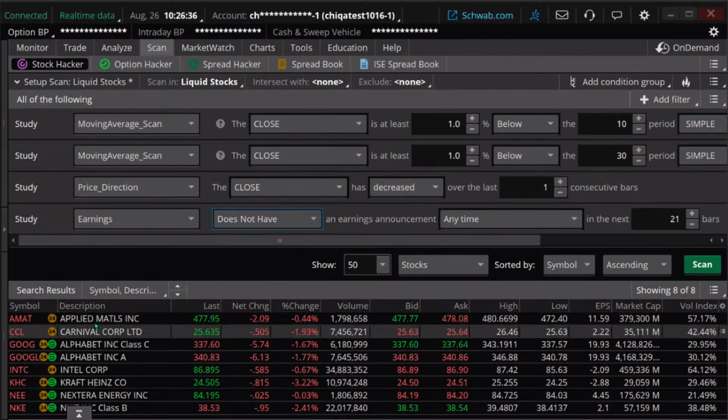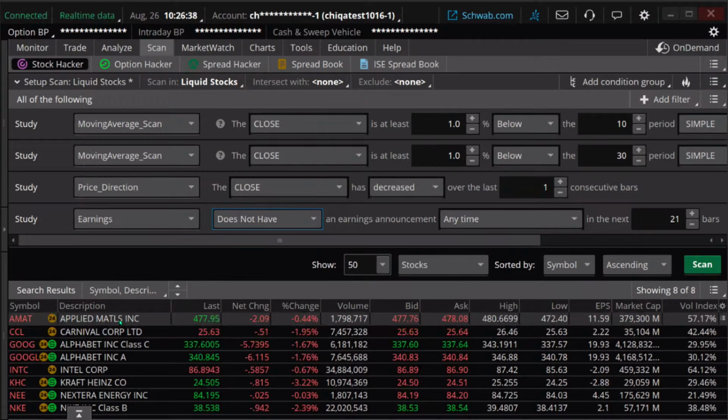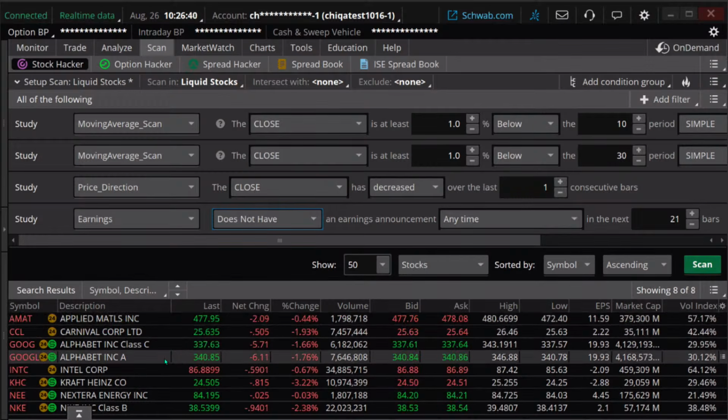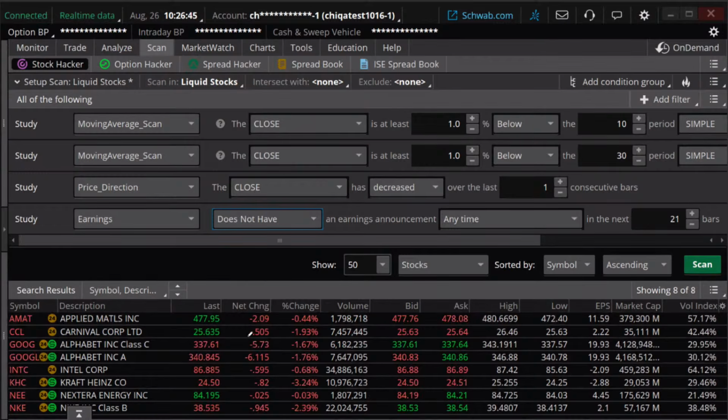Some of these are results that I may decide I don't really want to do for other reasons. Let me give you an example. NVIDIA has earnings today, after market close.